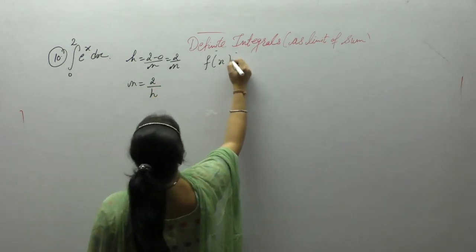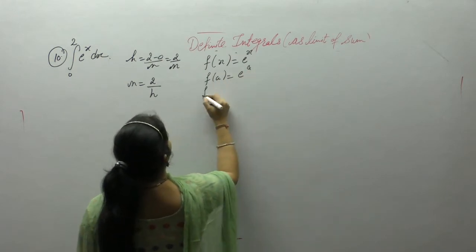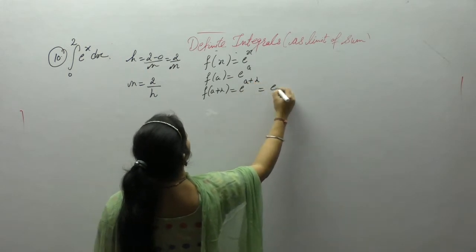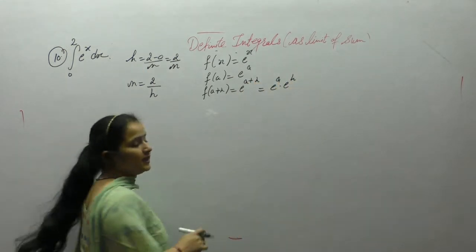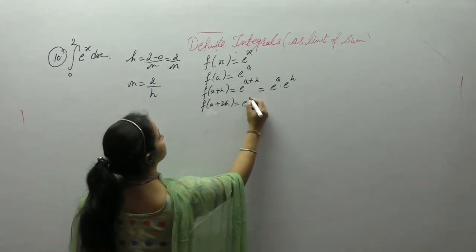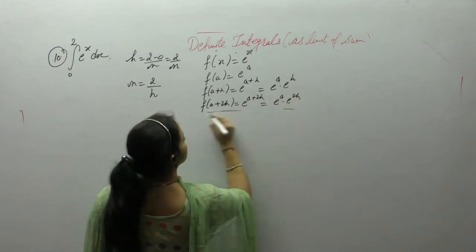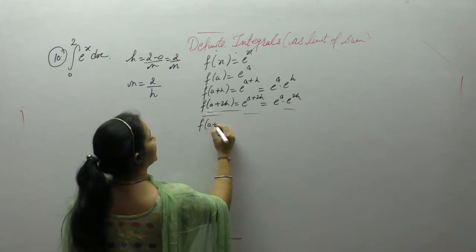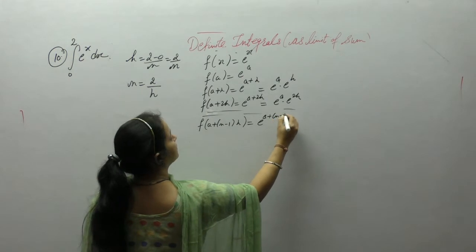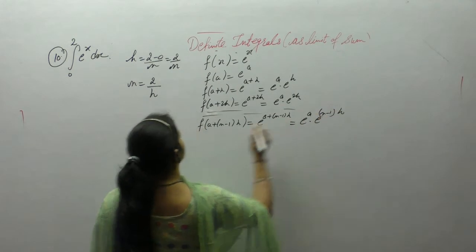f of x is e power x, f of a plus h. We can write it as e power a into e power h, then a plus 2h, separate the terms, so on, f of a plus (n minus 1) into h, e power a, e power (n minus 1) into h.